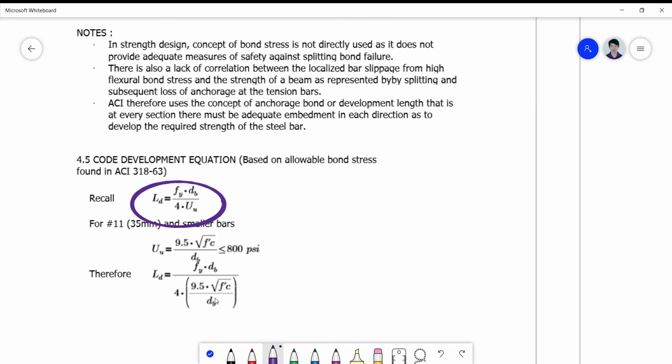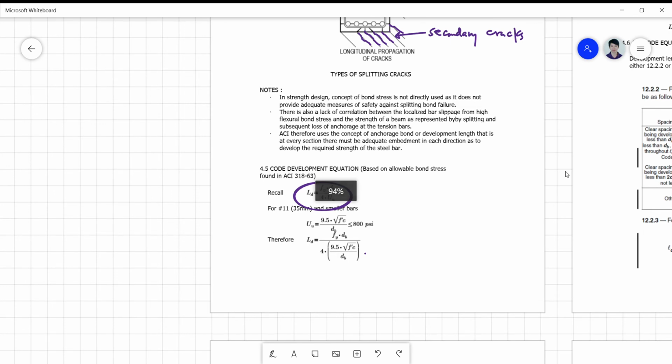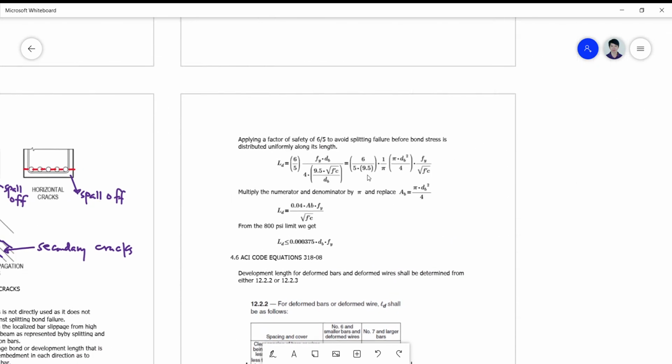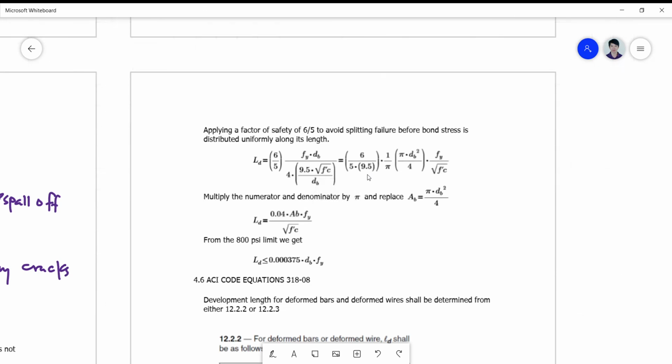So therefore Ld is simply plugging in this value here, but this must not be greater than 800 psi. So these are very old ACI equations. Now applying the factor of safety of 6/5 to avoid splitting failure before the bond stress is distributed uniformly along its length.